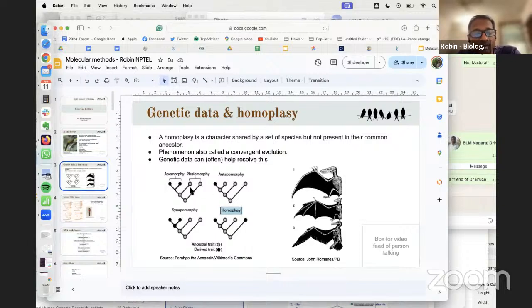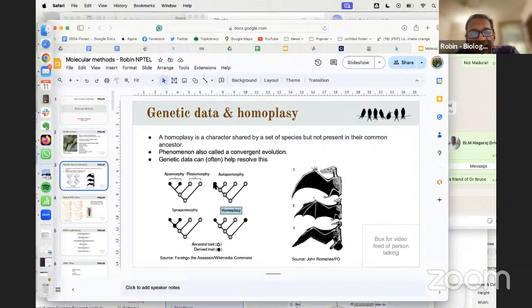And homoplasy is the simple one, right? Synapomorphy is when there is a derived trait, but because of the ancestor, there's one point where there is a derived trait that gets spread to two taxa subsequently.